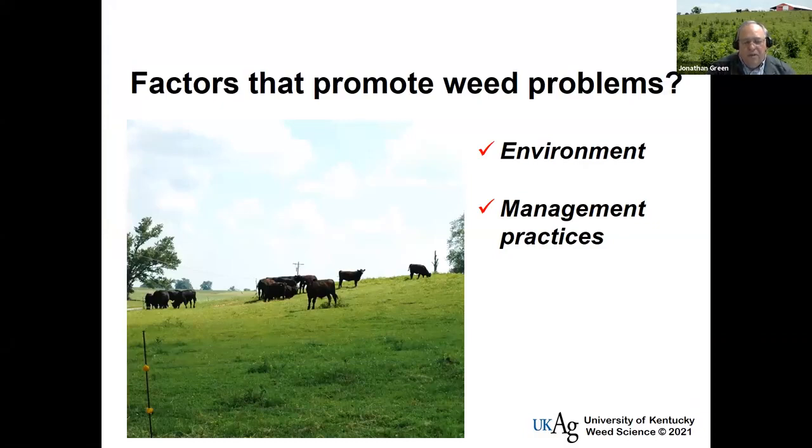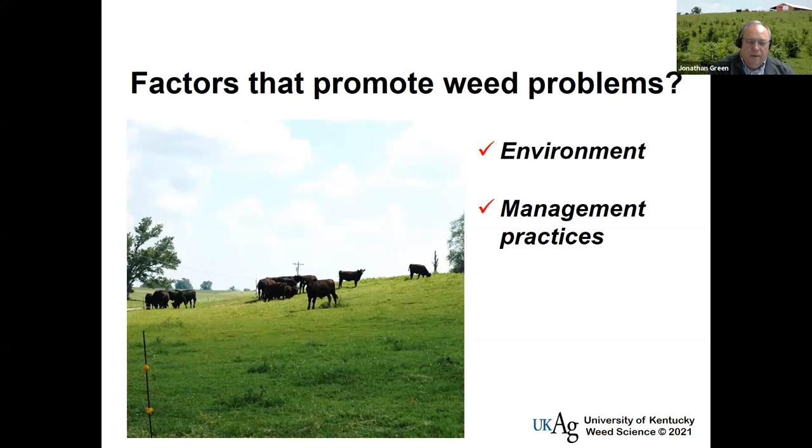Well, we can think of several different factors that play into weeds and their existence in various landscapes, but I think it boils down to two primary principles. One is the environment. Certainly the plants that we might find on an upland site will differ sometimes from what may be more prominent in a lowland or area that stays wet for extended periods of time.